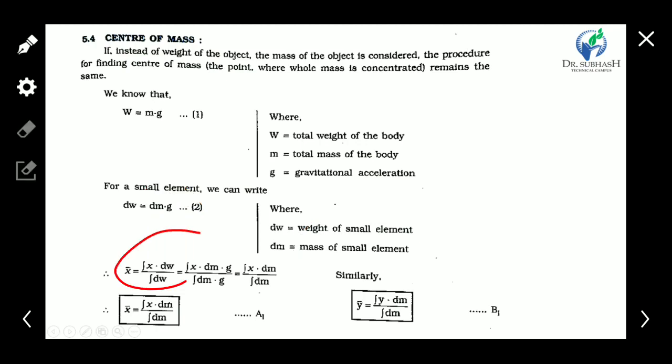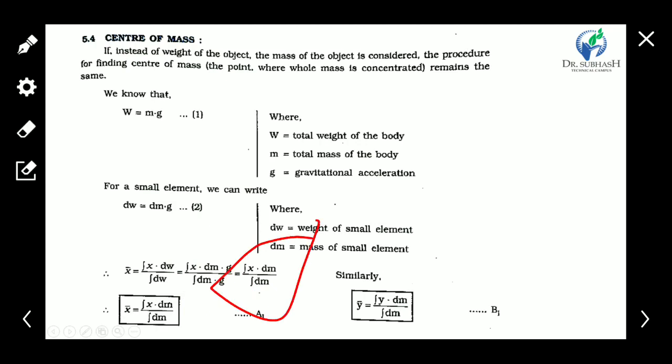Now we know the equation to find the center of gravity: x bar is equal to the integration of x dW upon the integration of dW. Here the weight is there, but we have to find the mass. So put the value of dW as mentioned in equation 2 into this equation, and g, the gravitational acceleration, is cancelled.